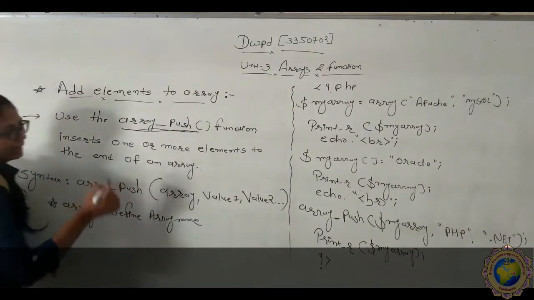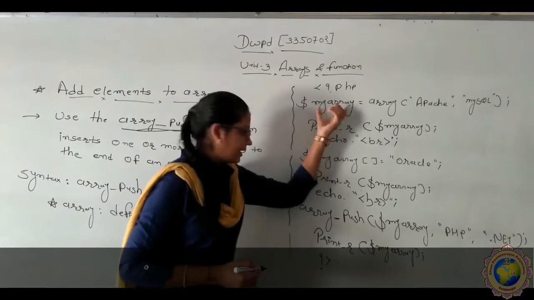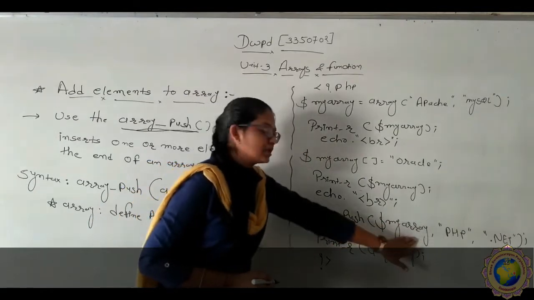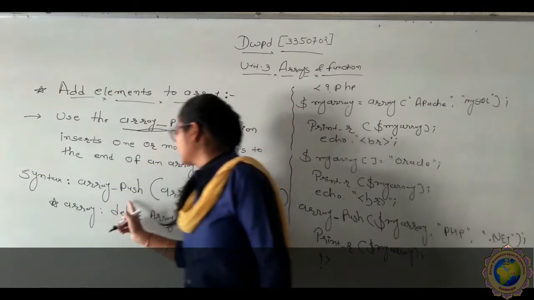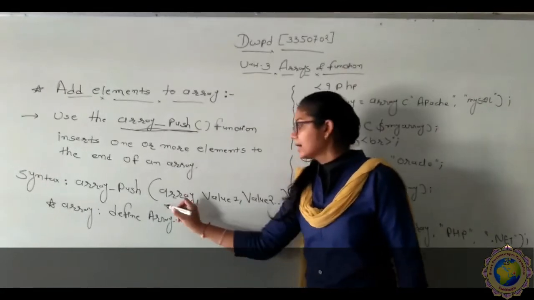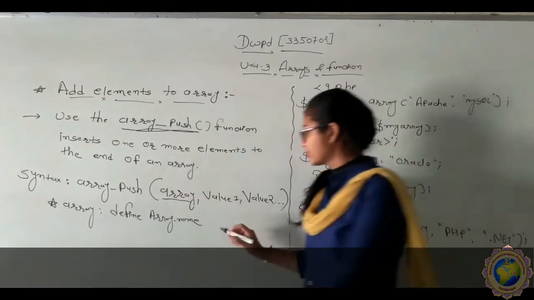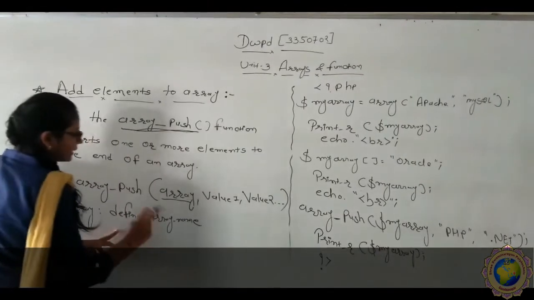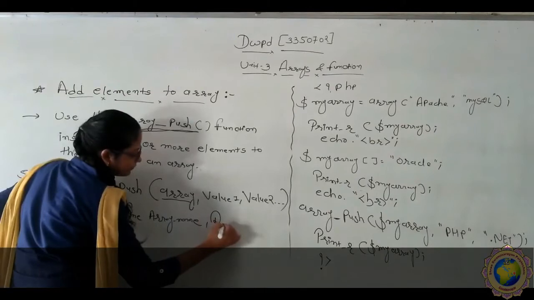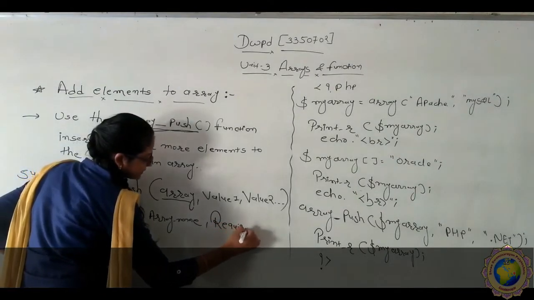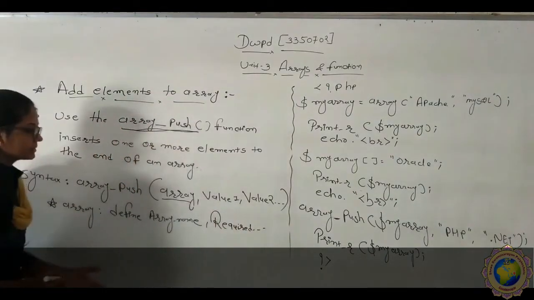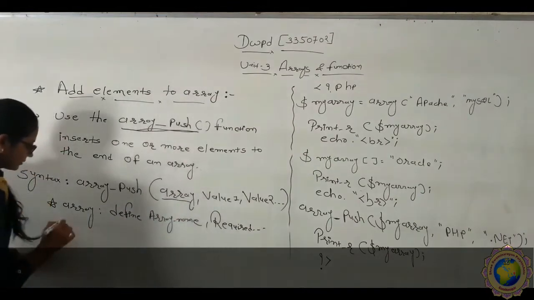The array name that we define is the same one we must define first inside the array push function, as the syntax says: define array. So you must define the array because this is a required field. Second, value 1.